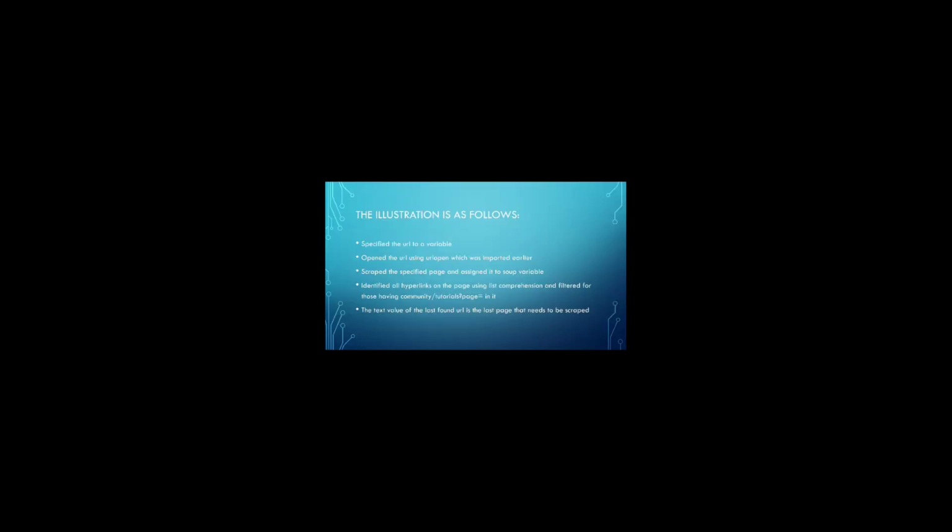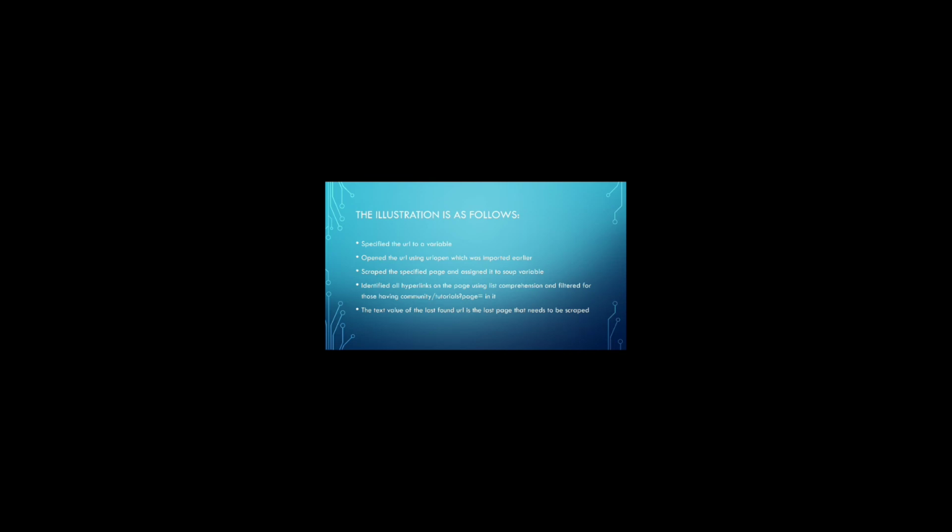Now the illustration is as follows. Specify the URL to a variable. Open the URL using urlopen, which was imported earlier. Scrape the specific page and assign it to the soup variable. Identify all hyperlinks on the page using list comprehension and filter for those having community tutorial pages.